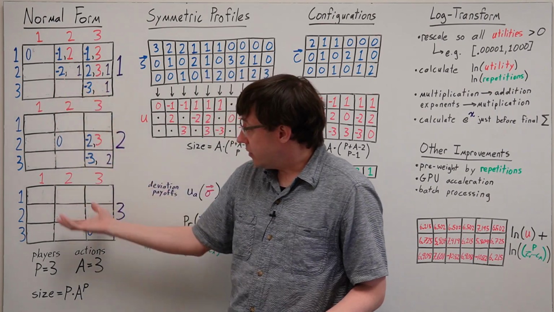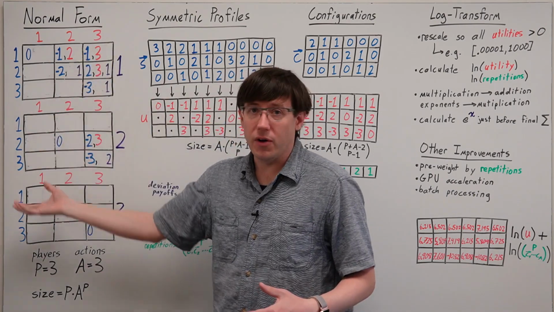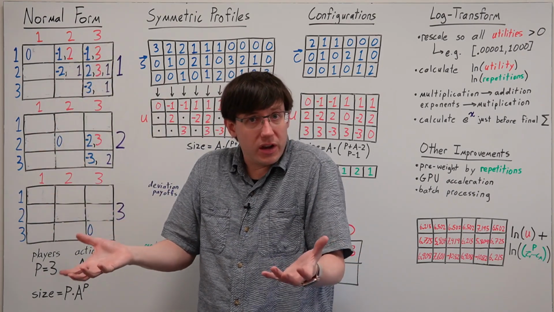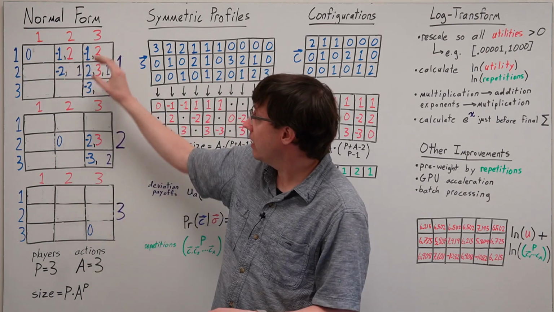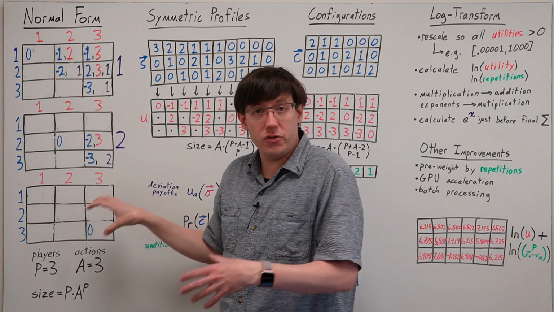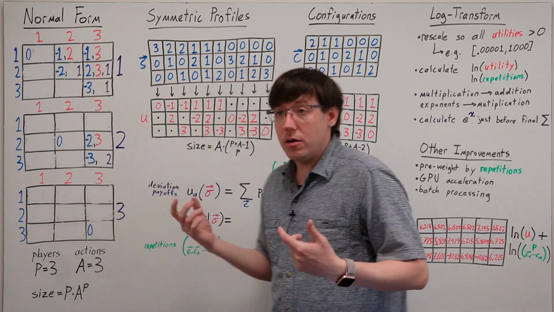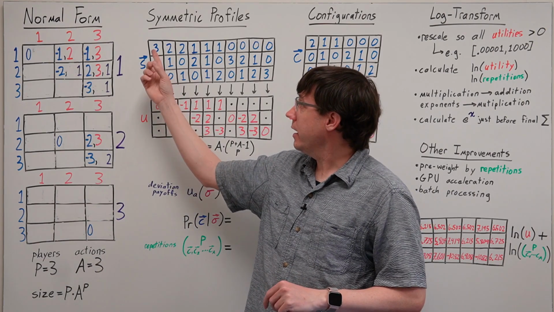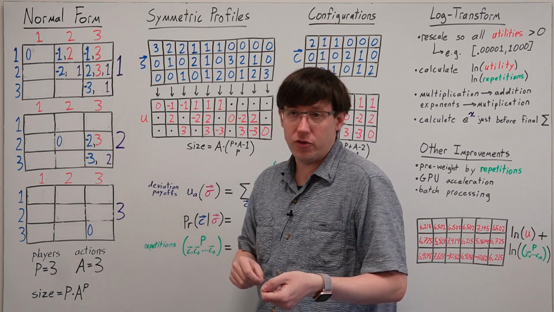After all of our erasing, we went from 27 profiles in the asymmetric representation of the game to just 10 distinct profiles that need their payoffs stored in the symmetric game. And we can represent each of those profiles by storing how many players are choosing each action.